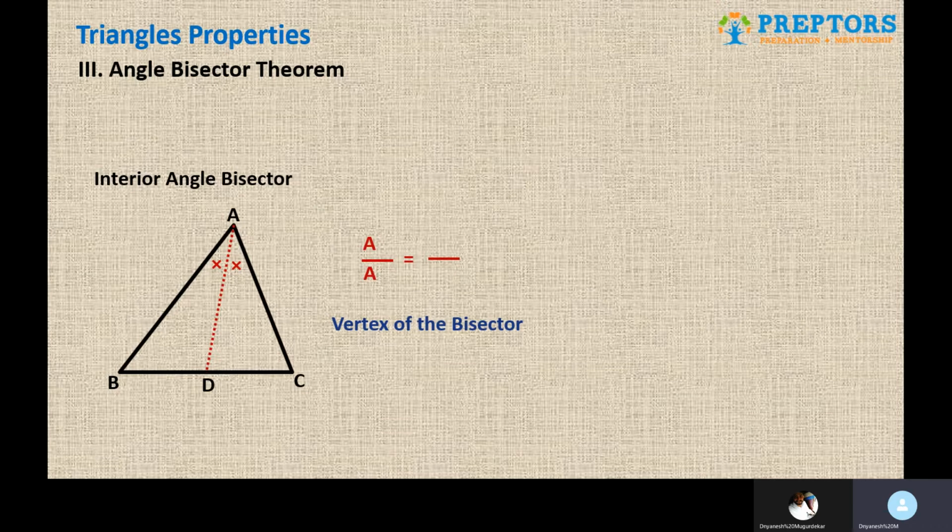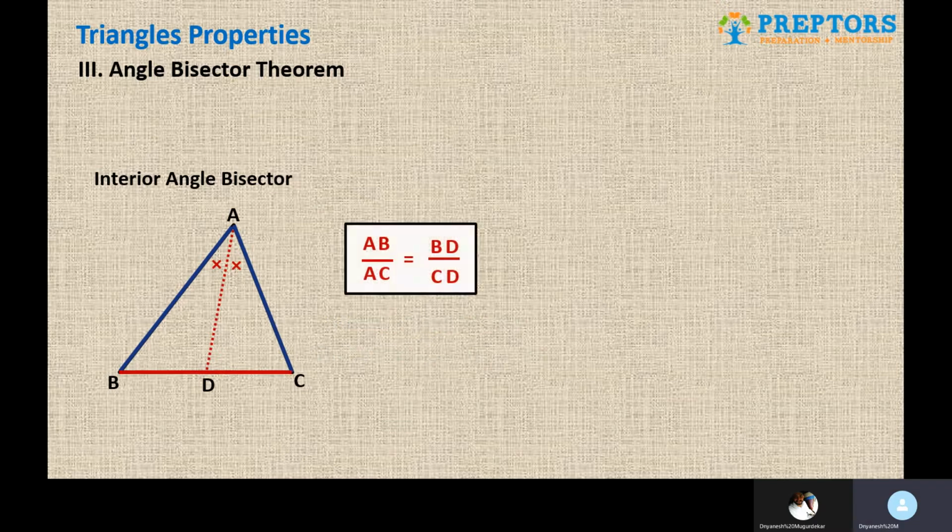On the other side, in the numerator and denominator, you write the end point of the angle bisector, which is D. On the remaining places, you write the remaining two vertices, B and C. So the relation that you get is AB upon AC is equal to BD upon CD. That is the interior angle bisector theorem for you. You don't have to memorize this, you can derive it very easily with this methodology.